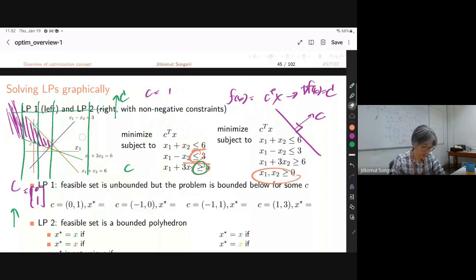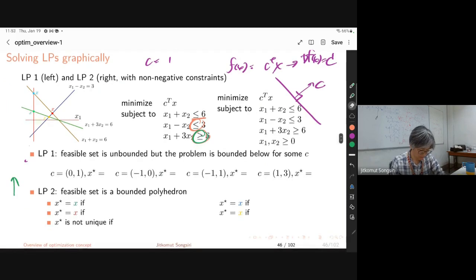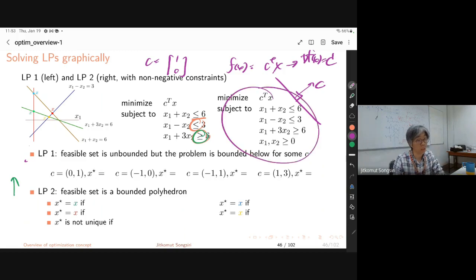Can you do the rest? This is not difficult. Maybe with the same question, C is pointing 1 and 0. But now I want you to take a look at LP2. Now the constraint set would be this.